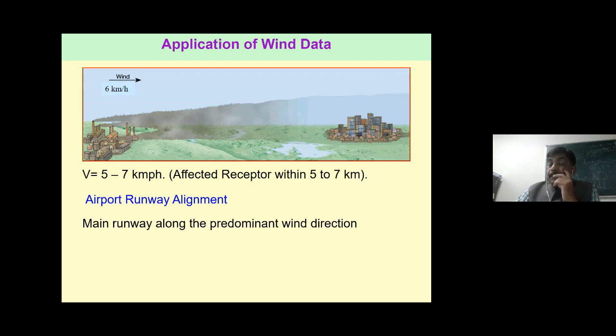Mostly you must have seen runways in airports either parallel or across, X-shaped. Why? The wind data of that region is analyzed for say 10 or 20 years, usually collected by the India Meteorological Department. Then they find, say, that in the morning hours a predominant direction is towards north, so the runway should be north-south.